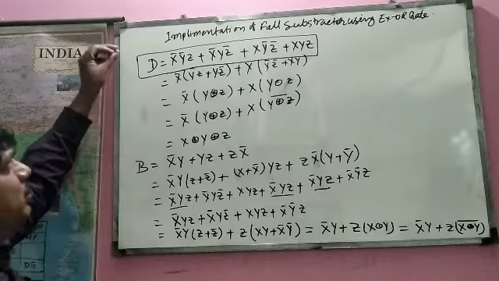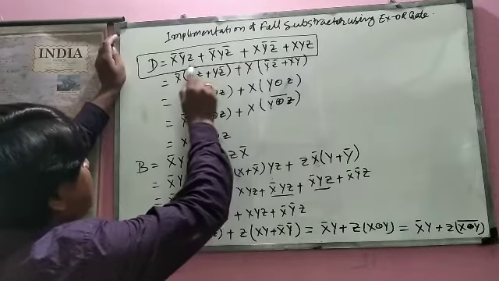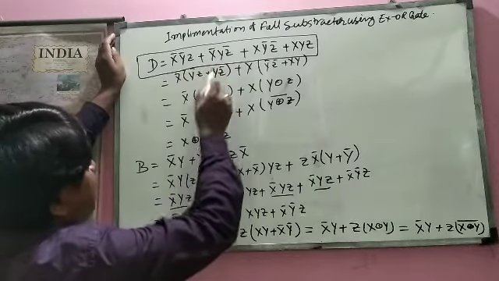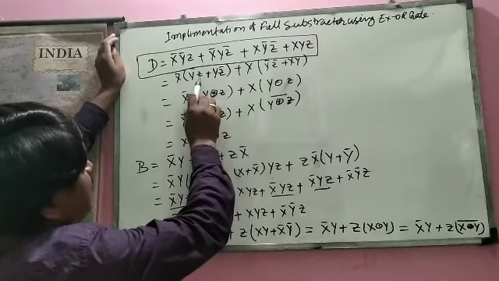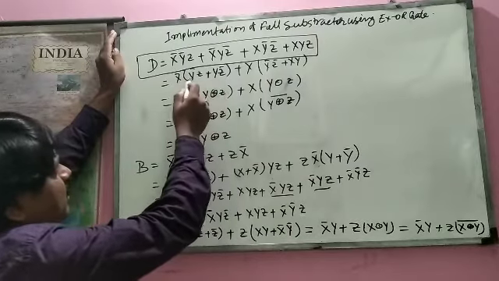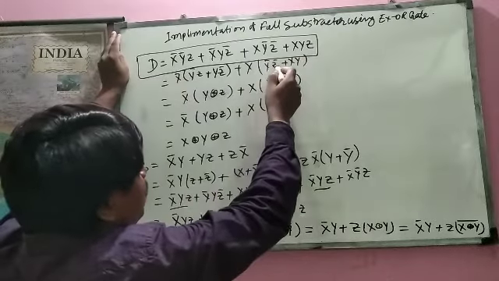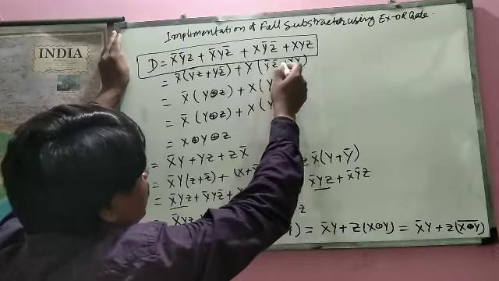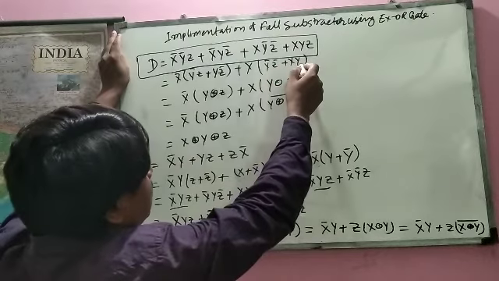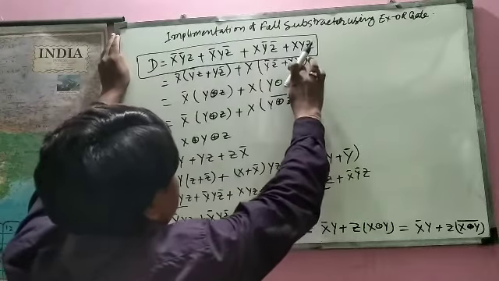So what we will do, let us suppose, just take the common x bar from this one. So it will be y bar z plus yz bar. Take the common x from here, so it will be x, y bar z bar plus yz.